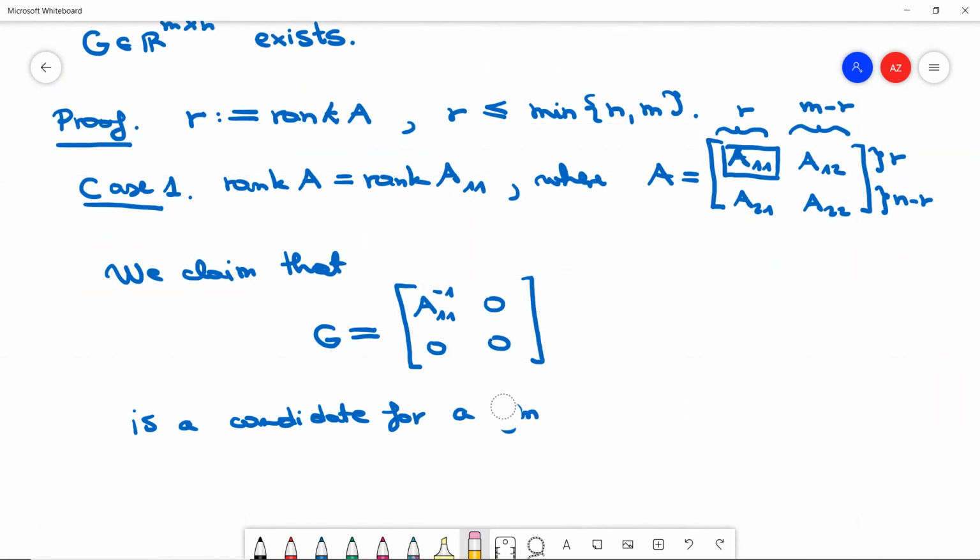And let's write generalized inverse by GI to shorten the notation for a GI of A. So what do we have to check? How would we prove that this G is really a generalized inverse of A?